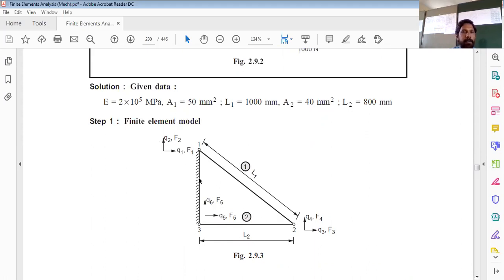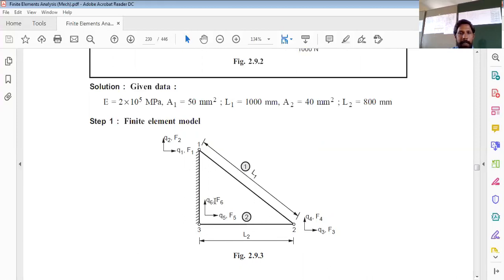The second step is the stiffness matrix of the element. The third step is the global stiffness matrix. The fourth step is the formulation of the overall equilibrium equation. The fifth is to apply the boundary condition. And finally, we find the unknown parameters in terms of displacement, strain, and stresses.